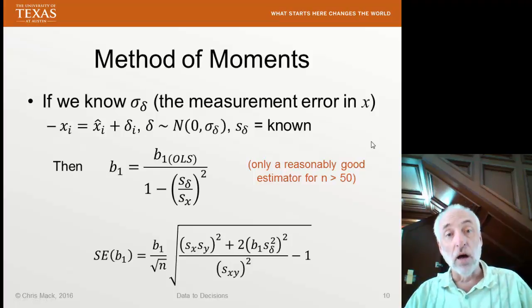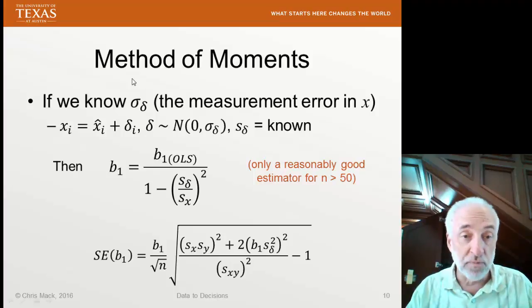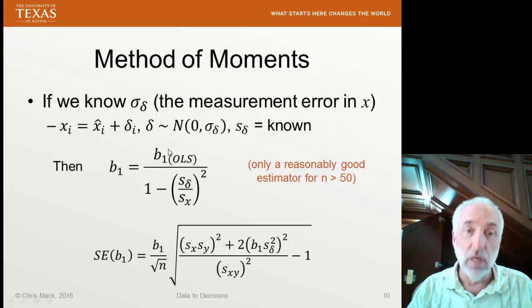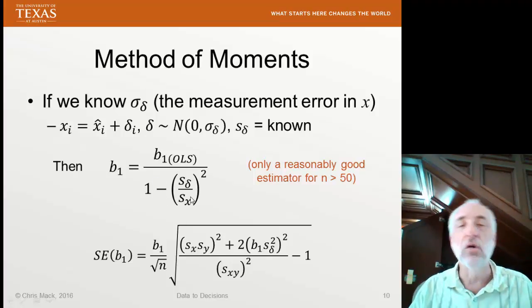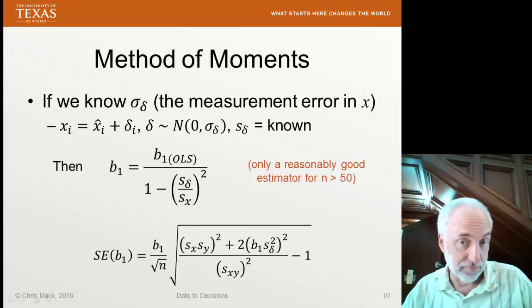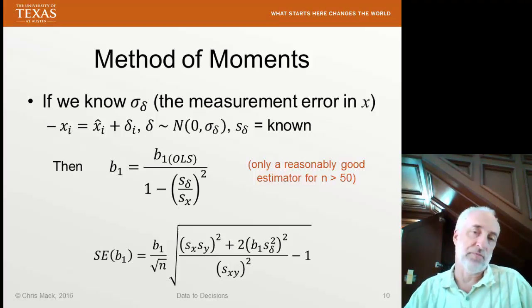Then the method of moments estimator for the slope can be related to the OLS estimator for the slope by dividing by 1 minus this ratio of variances. Well, this tells us a couple of things.